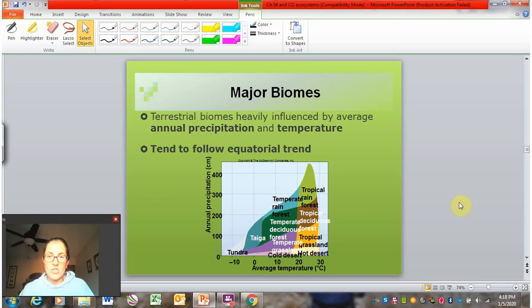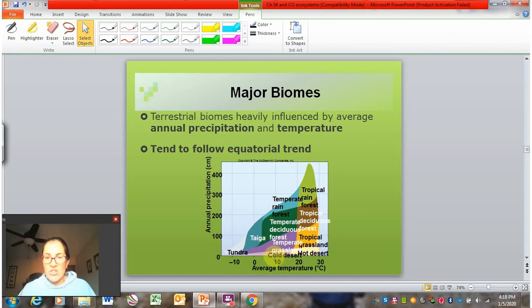And so if you just look at temperature on the x-axis and annual precipitation on the y-axis, the range of temperature and precipitation, where those things kind of interact, is what gets you the different major biomes. So for example, let's look at this green one here.